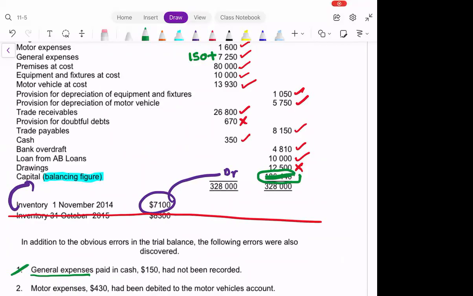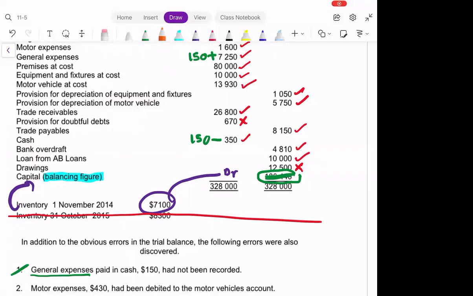Decrease, you pay, your money goes down. Decrease 150. Go find your cash, you minus 150. Whenever you pay for expenses, your expenses will increase, your money will decrease. Understand? If this question comes out in your mock one, can you answer? Can you get full marks?